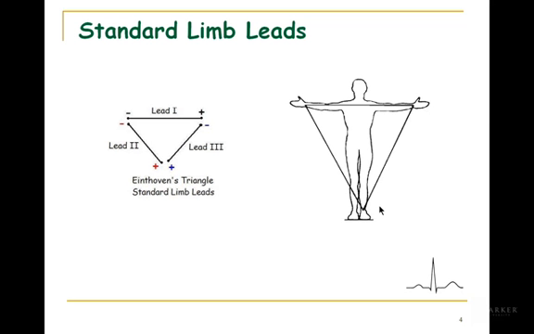What has been created is what we call Einthoven's triangle. In reality, when Einthoven was doing his EKGs, he viewed the heart as being in the center of a triangle. The vertices of the triangle were created by the shoulders and the pubic area.